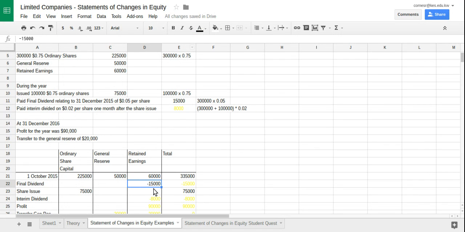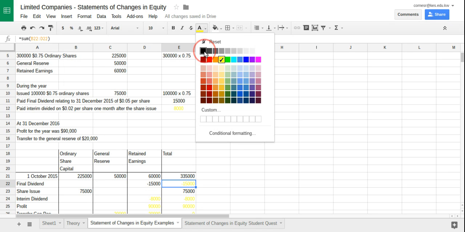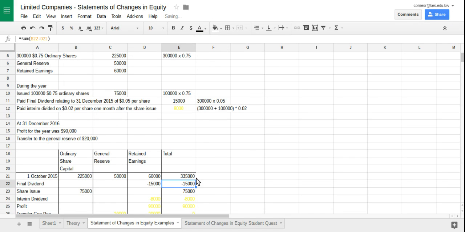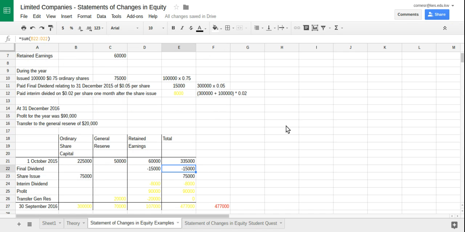Normally, or very often, in the actual account you'll see a bracket written. Here I put the minus figure, but I prefer to put the brackets in myself personally. Okay, and therefore in the total column there's 15,000 gone out. The business then later in the year issue an interim dividend of 0.02, which is either 2 cents or 2 pence per share, and that now will be issued to all the shares on issue.